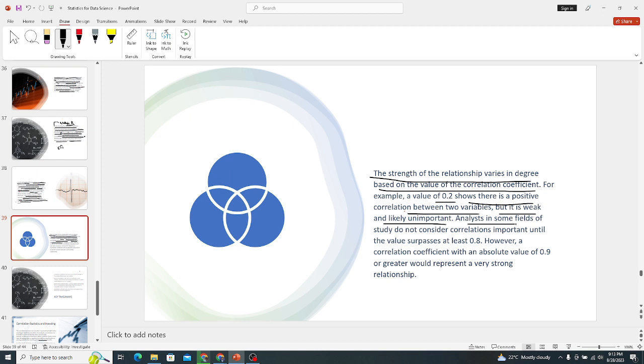Analysts in some fields of study do not consider correlations important until the value surpasses at least 80% or 0.8. However, a correlation coefficient with an absolute value of 0.9, that is 90%, or greater represents a very strong relationship.